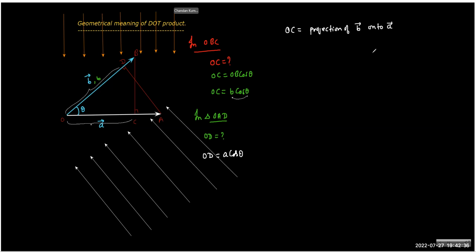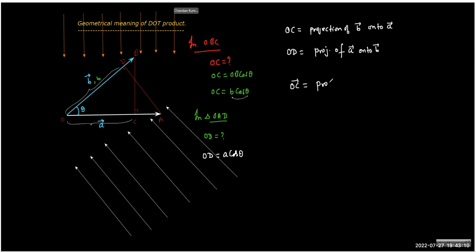Projection is shadow. And the shadow is also like a component, the effect. And what is OD now? Projection of A onto B vector. Is this clear? Yes or no? So OC and OD are called projection. And what is OC vector?